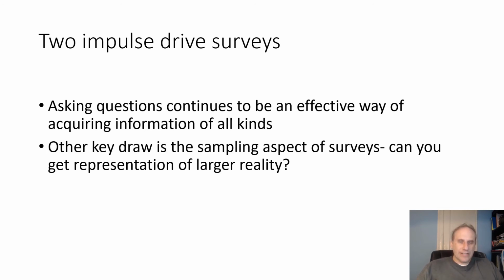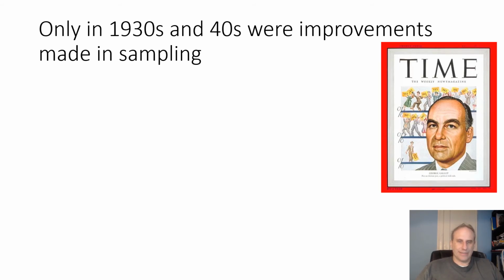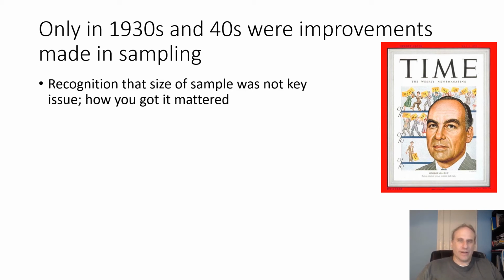The other key draw is the sampling aspect of surveys. Can you get something representative of the larger reality, the larger population in our society? Now, the thing to understand is that only in the 1930s and 1940s were improvements made in sampling that gave us any kind of accurate sample.